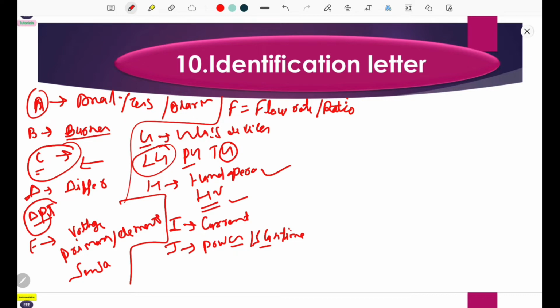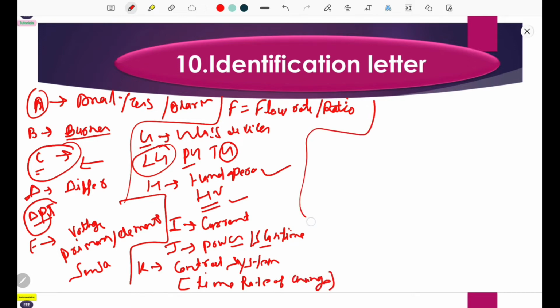Now K. K is generally used in control systems, where it is used for the time rate of change in a PID. So this is the K. After K, L is simply used for level, and also for showing the low value, and also for showing the light.